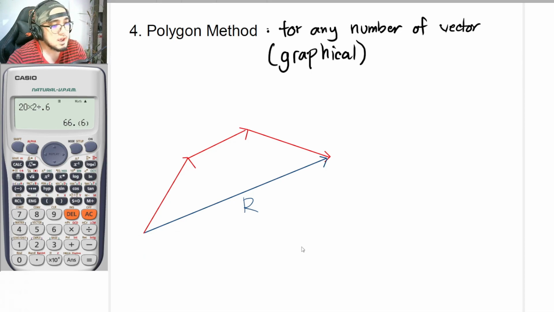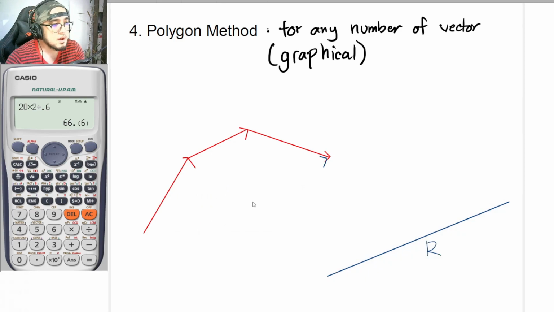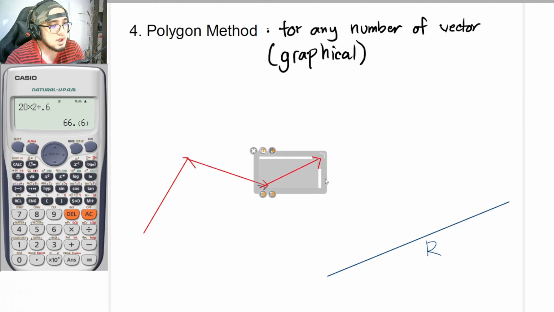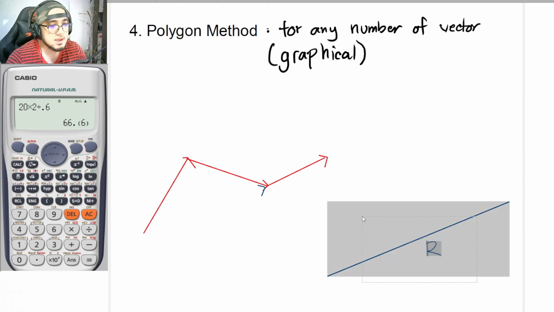Once again, guys, this resultant here is also equal to the result if you rearrange them. For example, this one was first, then this one. So the arrangement is different, but you still measure from this point up until the end, and as you can see, this must be exactly the same.